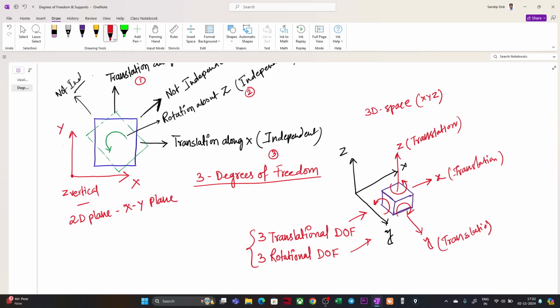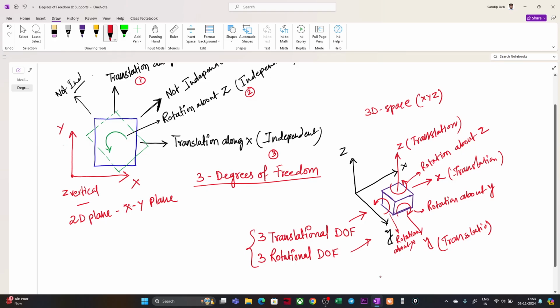So this is rotation about the y-axis, this is my rotation about the z-axis, and this is rotation about the x-axis.